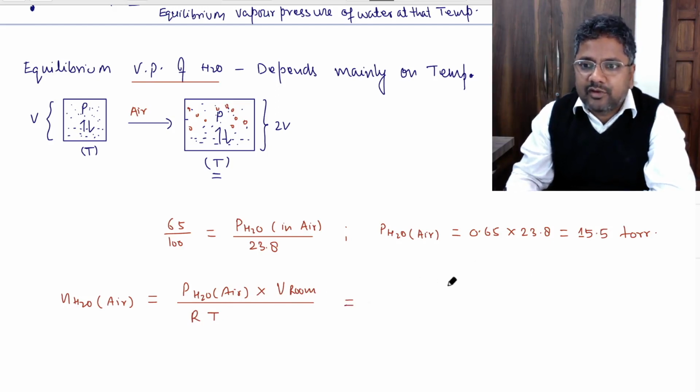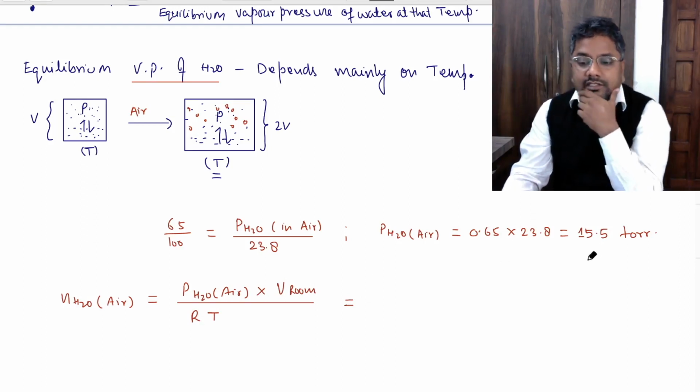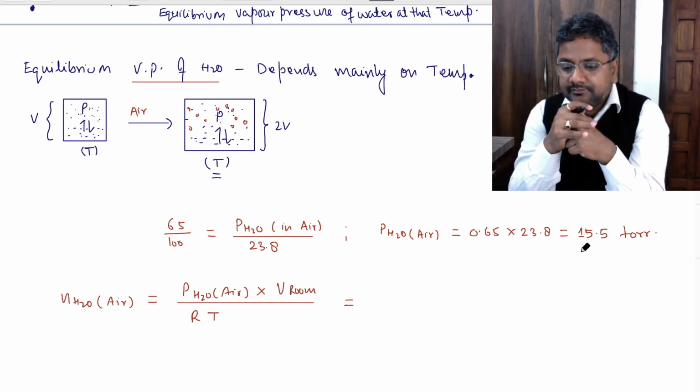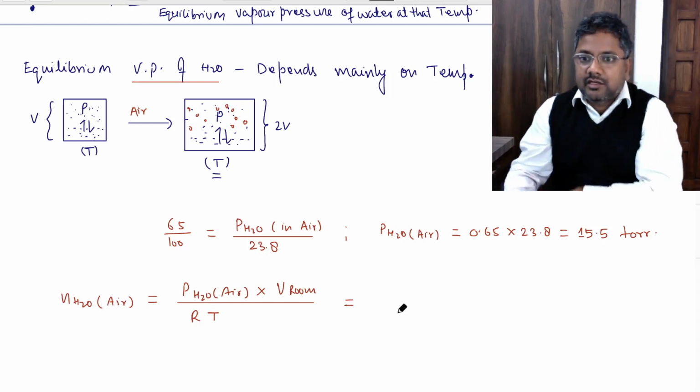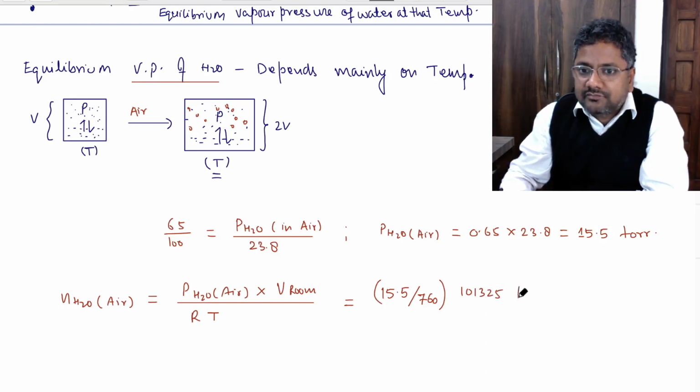Right? So now put the values here. You have 15.5 torr. What unit should you use here? Pascal. So 15.5 divided by 760 multiplied by 101,325 Pascal.